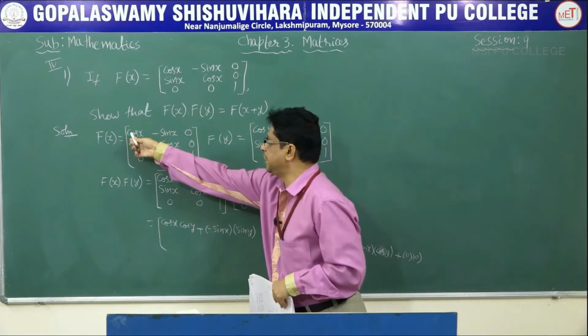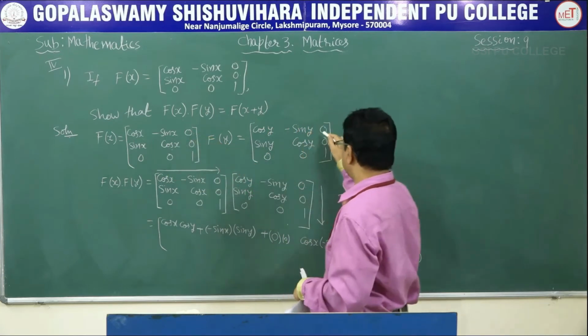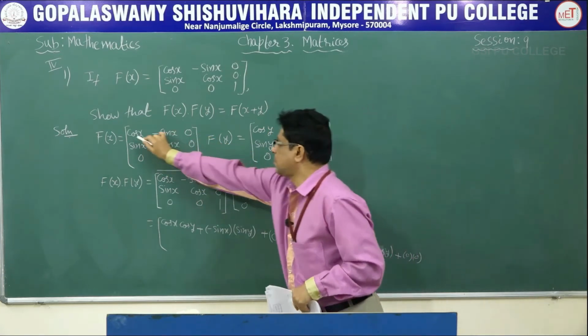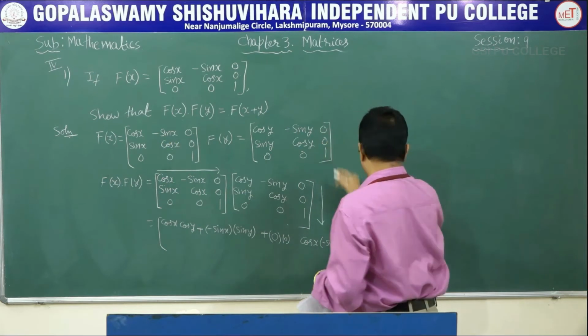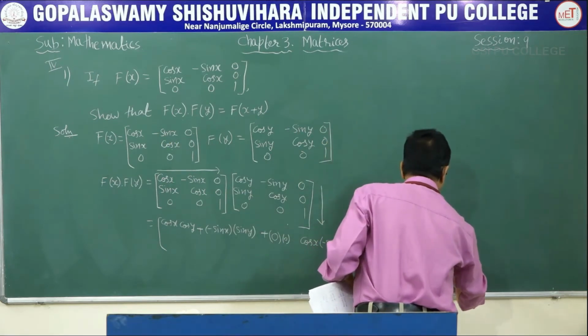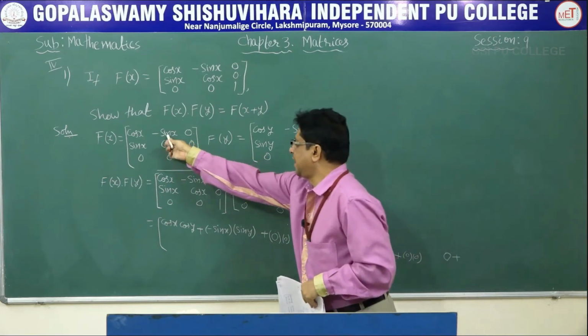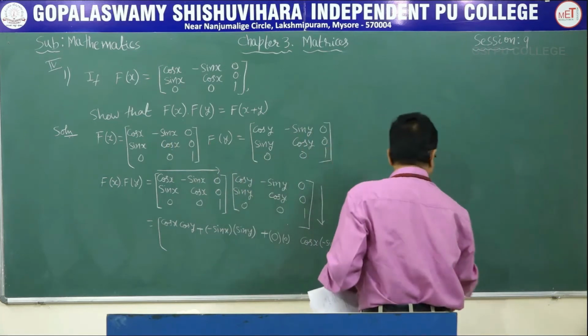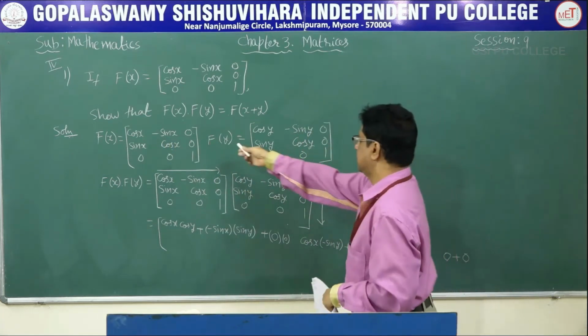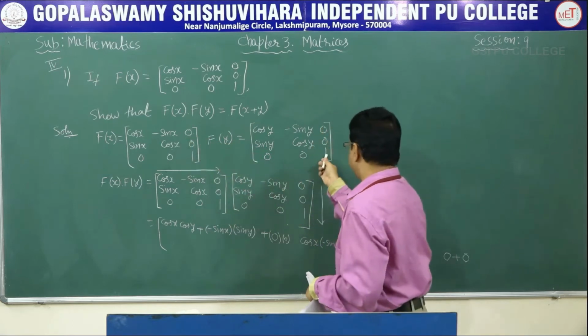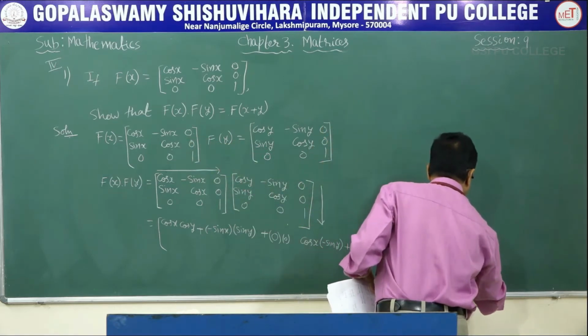Next element will be first row into the third column. So cos x into 0 is 0 plus minus sin x into 0 plus 0 into 1 is 0.